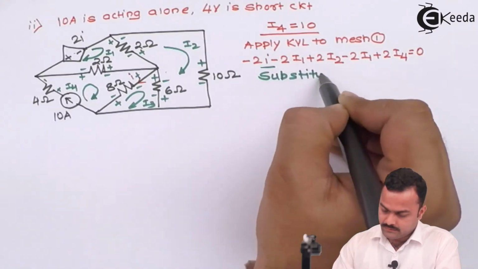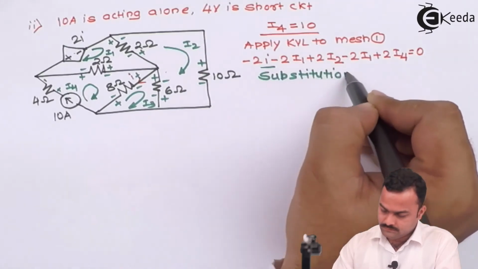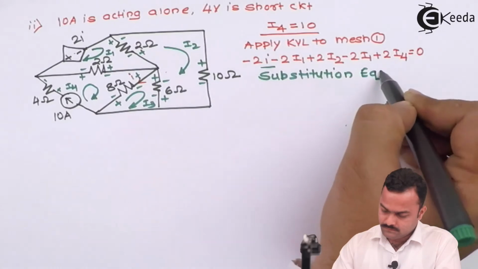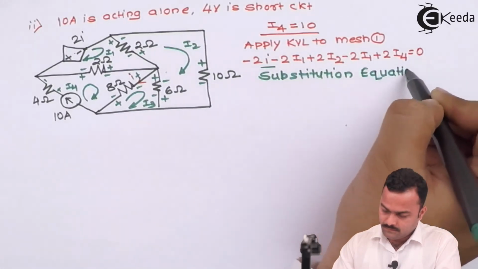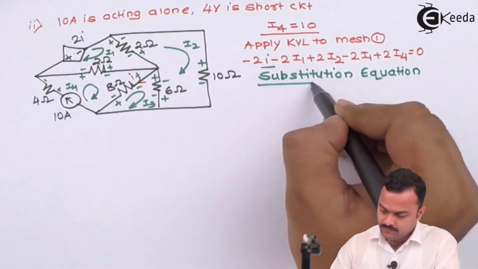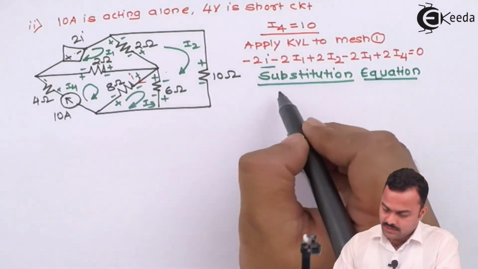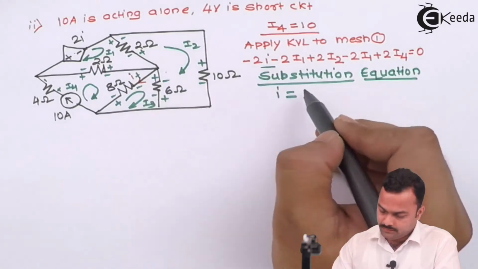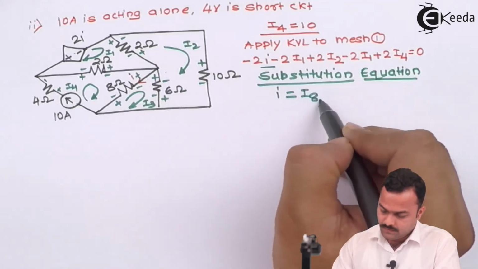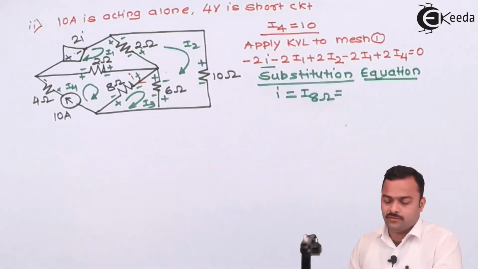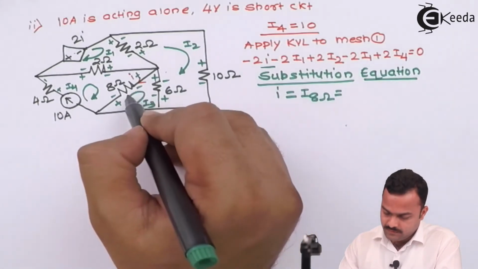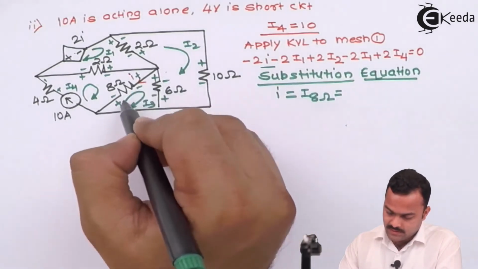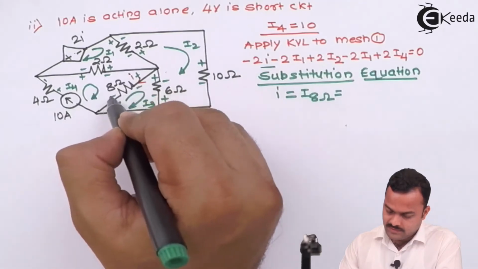So substitution equation, we need to find out, I is the current flowing through 8 ohm. This time there are 2 currents flowing through 8 ohm. One is I3 in this direction and second is I4 in this direction.